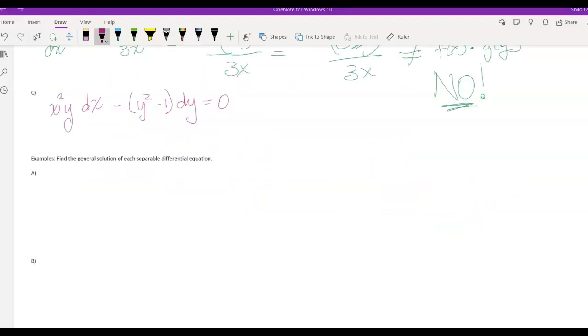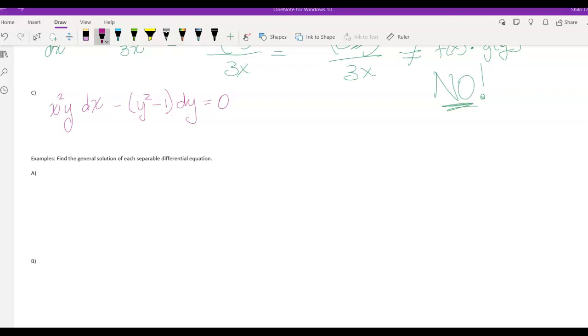And we're going to take a look at one more here, and this one is very different when we first look at it. It says x squared y dx minus y squared minus 1 dy equals 0. So this one is not presented to us in the way that the definition for a separable differential equation should typically be set up.